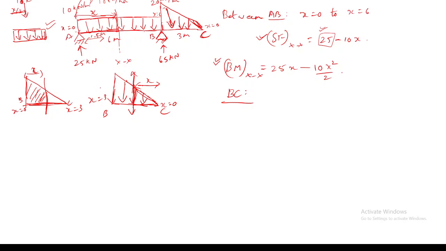Yes, sir. So we take the origin at point C so that we can calculate the area of the triangle and its centroid easily. Here I would have to calculate the area of the trapezium and then its centroid, which is somewhat difficult compared to the right-hand side.